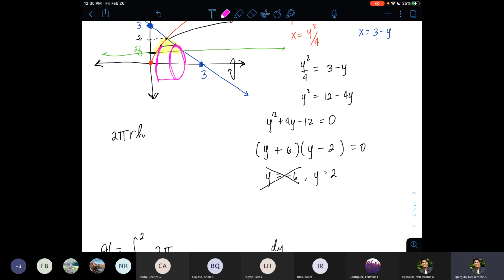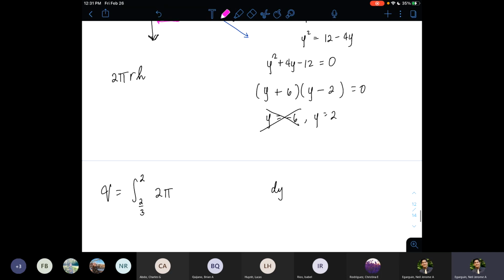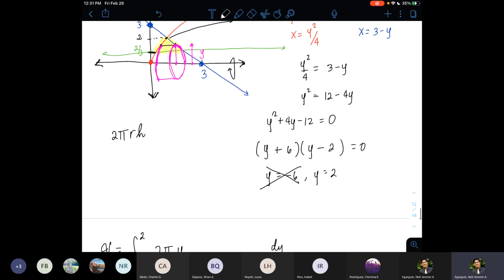So the radius will be from here until there, right? Remember our convention: whenever measuring something from the x-axis upward, that's always y units. So the radius of the cylinders is equal to y.